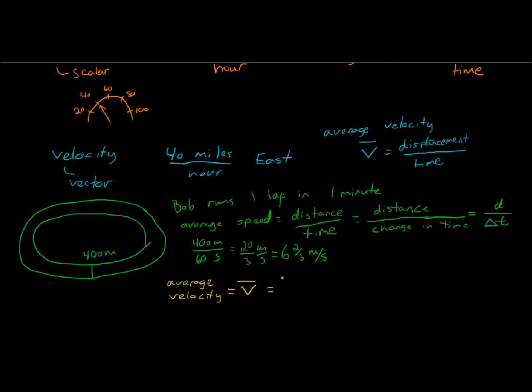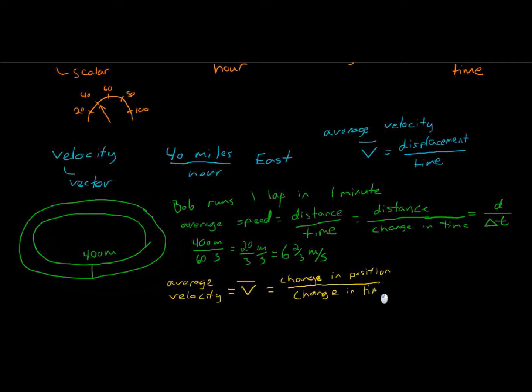We can say change in displacement, because displacement is the definition of change in position. So change in position, and again, I'm introducing the change in, divided by change in time.